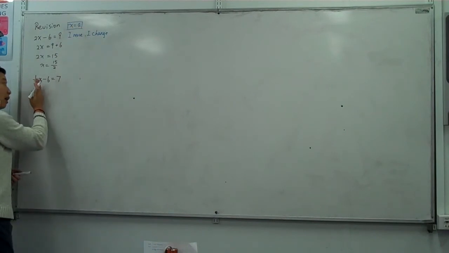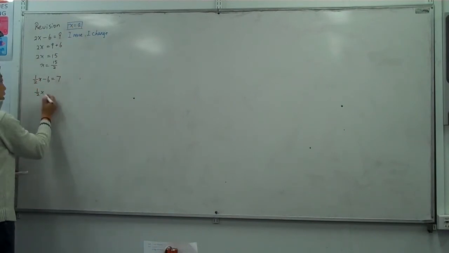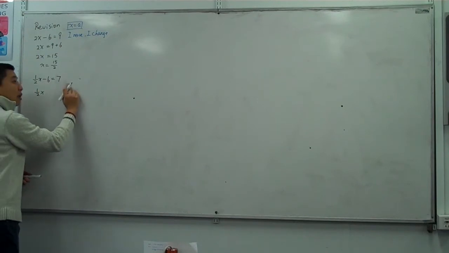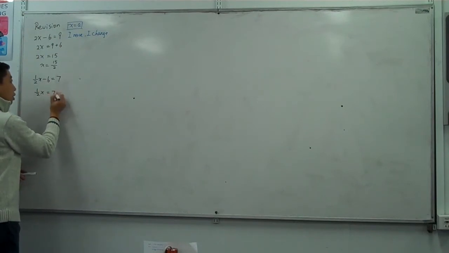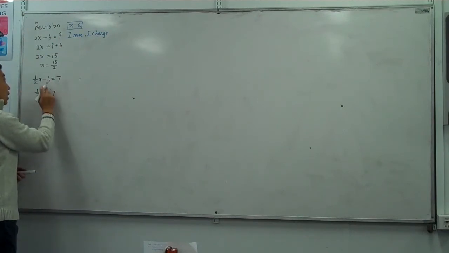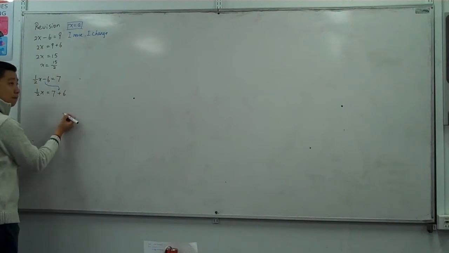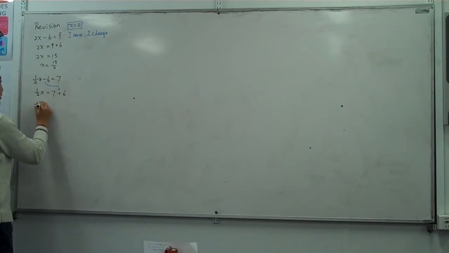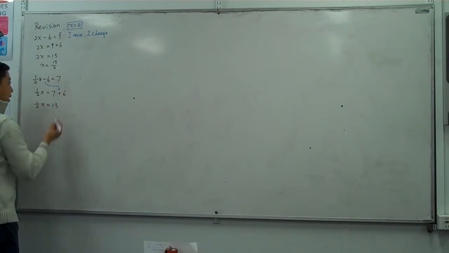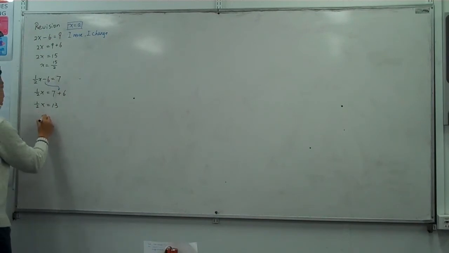I want x on the left hand side, and I move 6 to the right hand side. The 7 I do not move, so I leave that. I move 6 to the right and need to change the sign into plus 6. So half x equals 13, and then x equals.